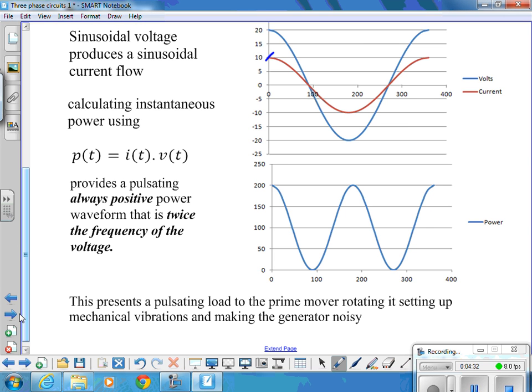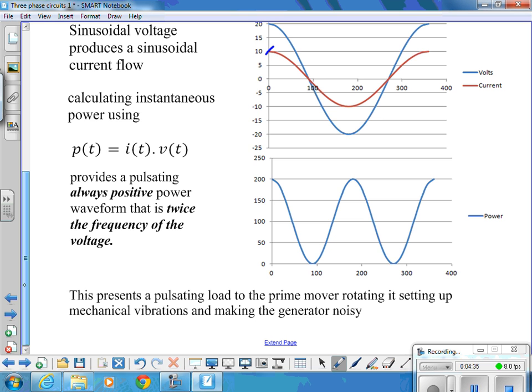What we end up with is a pulsating waveform that's always positive, above zero. The frequency of the pulses is twice that of the sine wave creating it. So what it's effectively done is taken the bottom half and put it on the top, and we're getting peaks of around 200 watts here. Right?